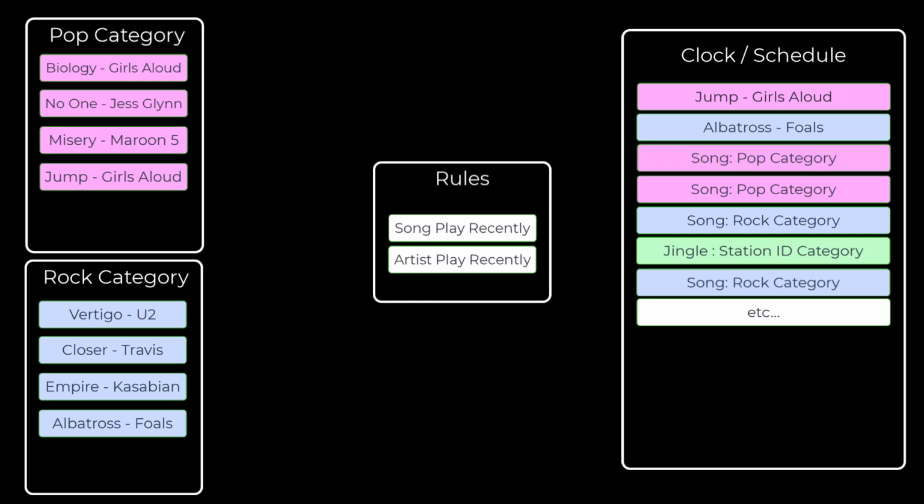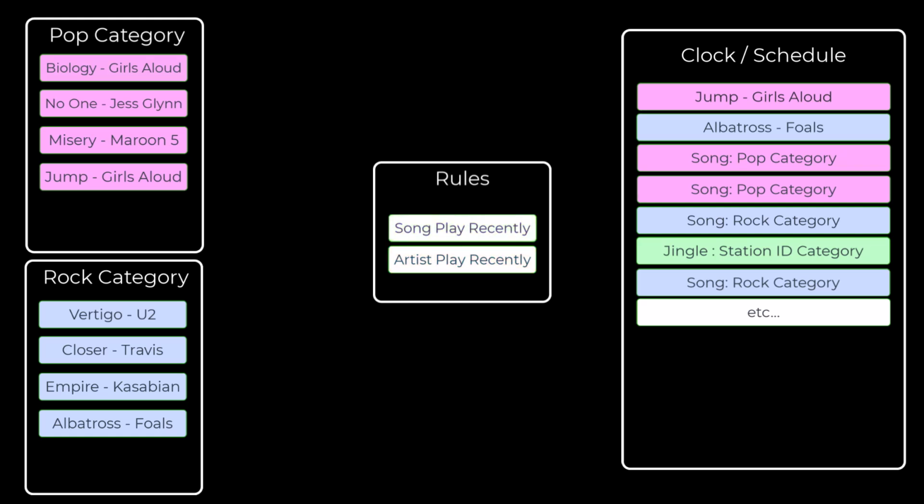Once again, Myriad Schedule will look at the top item in the pop category and see if scheduling it into this slot will break any rules. In this example, the song in question is Biology, by Girls Aloud. The song would pass the song title rule, but as we have already scheduled a Girls Aloud song in this clock, the Artist Play Recently rule will prevent this song from scheduling into the third slot in the clock.